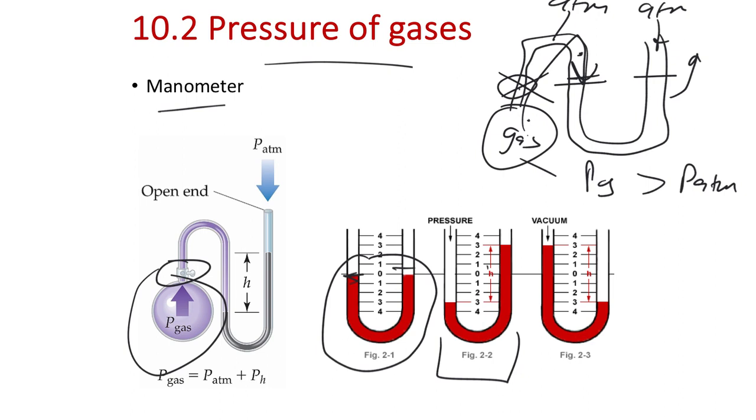And so what we can then do is track the difference in the height. We can look at the height difference of the mercury and relate that height difference to the pressure of our gas. The pressure of our gas would be atmospheric pressure, so we'd have to have a barometer or some way of knowing atmospheric pressure at the time of the measurement. And then we would add that height differential. Whatever the height difference is in millimeters of mercury, we add to our atmospheric pressure.